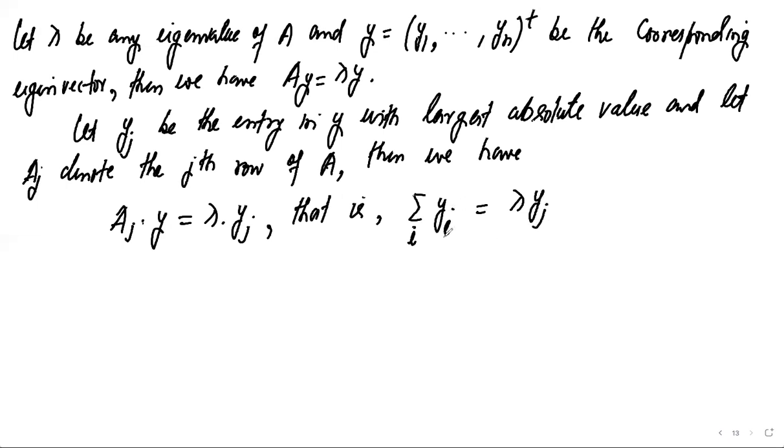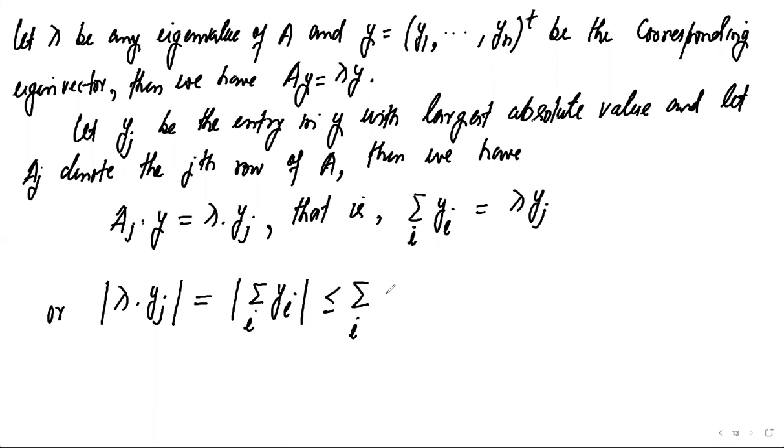Now this implies that the modulus of lambda times yj is equal to the modulus of the summation over i of yi. But this is a finite sum, so this is less or equal to the summation over i of modulus of yi.